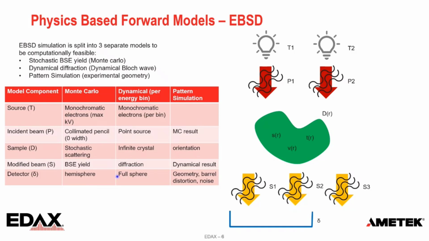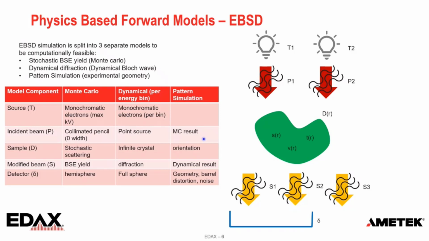And then the dynamical part is basically a Bloch wave approach to say, for each energy in a list of discrete energies, what does the full Kikuchi sphere diffraction pattern look like? And then to actually create a pattern, what we do is take these two parts and combine them.